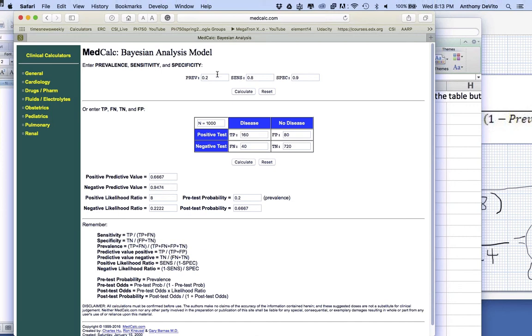It used Bayes' theorem to use the prevalence, sensitivity, and specificity to calculate all these other evaluations of this test that we're interested in, particularly this conditional probability, positive predictive value, and as a bonus, it also calculated the other conditional probability we're interested in, negative predictive value. What's the probability that you don't have the disease given that you've tested negative?